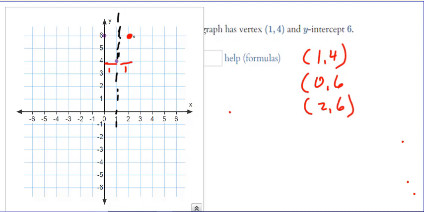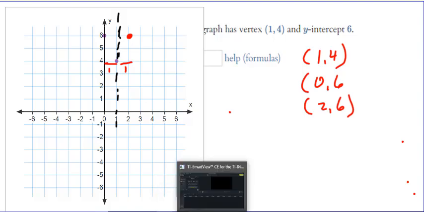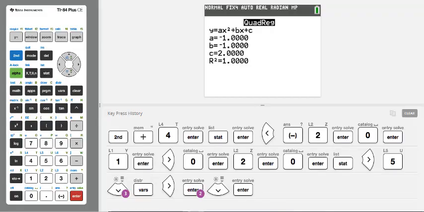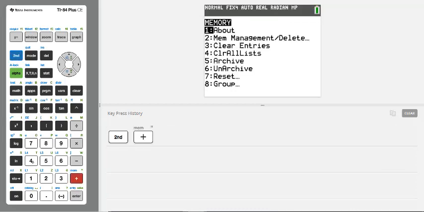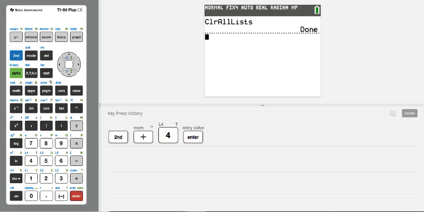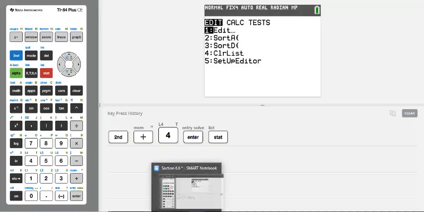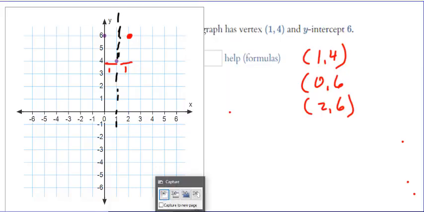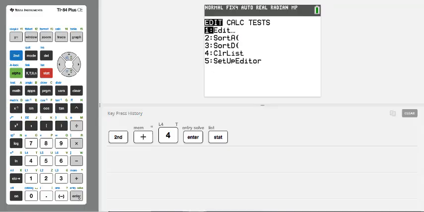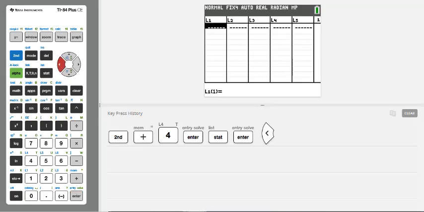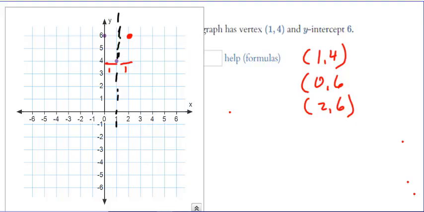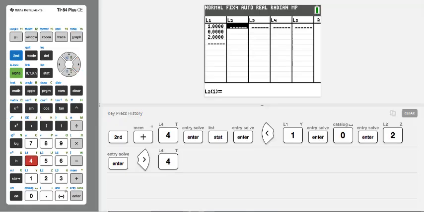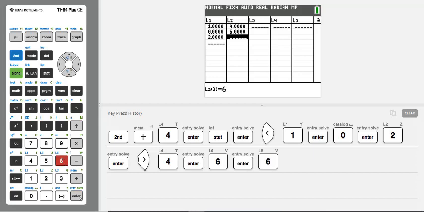Okay, so let's do the regression on this. So let me clear and go second plus 4, enter, stat, and let me grab my points. 1, 0, 2. Now let me grab my y's. 4, 6, and 6.